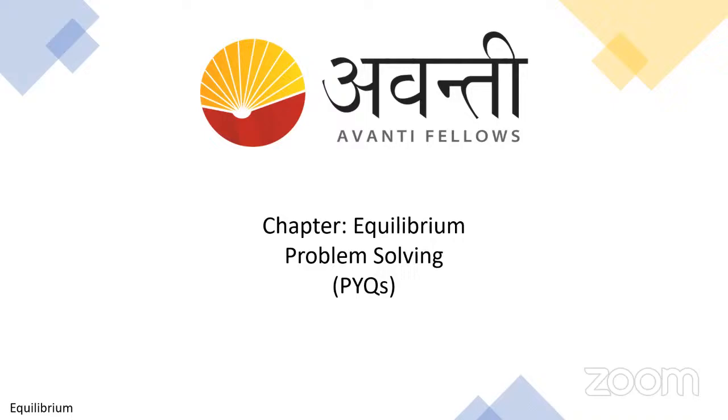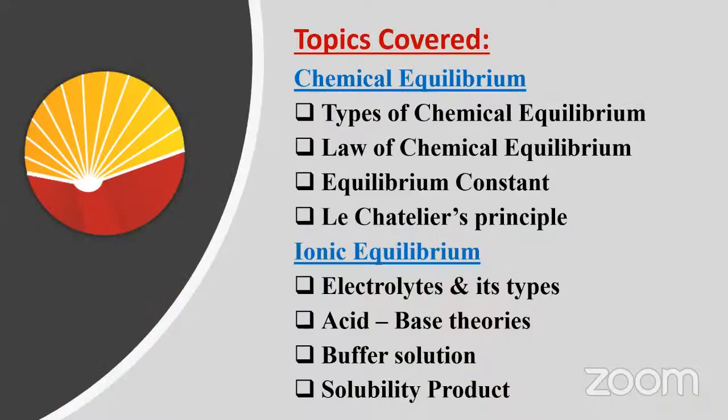There are no such important topics to be covered there, but the chemical equilibrium and the ionic equilibrium topics are very important in this lesson. In chemical equilibrium, the types and the law of chemical equilibrium, the equilibrium constant and Le Chatelier's principle related questions will be solved.